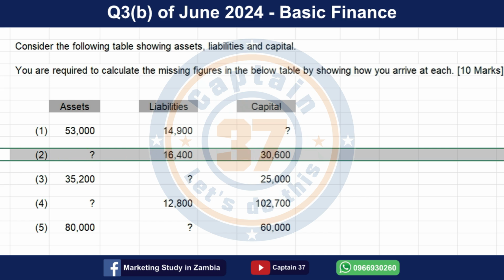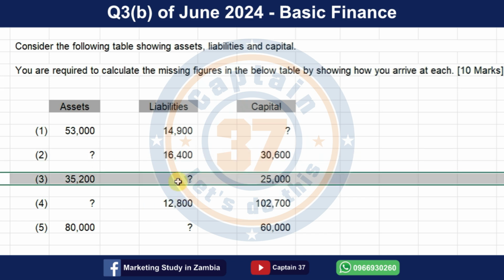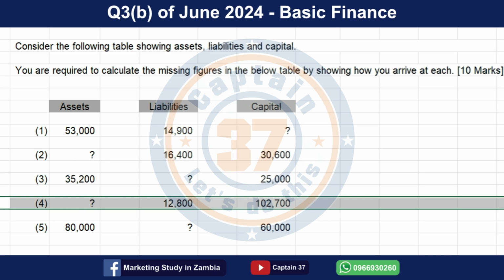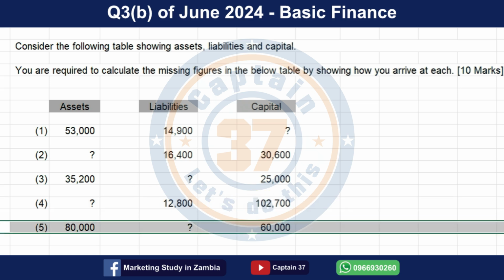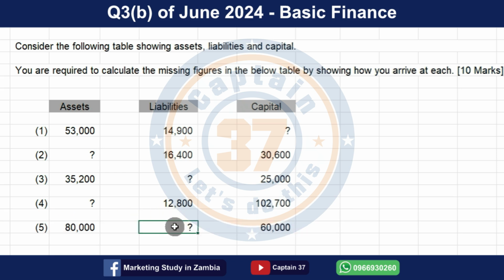For number 3, we need to find the liabilities. We've been given the assets and the capital value. For number 4, we need to find the assets value. We have been given the liabilities and the capital. And for number 5, we need to find the liabilities value. We've been given the assets and the capital.